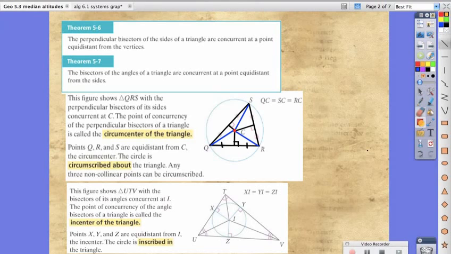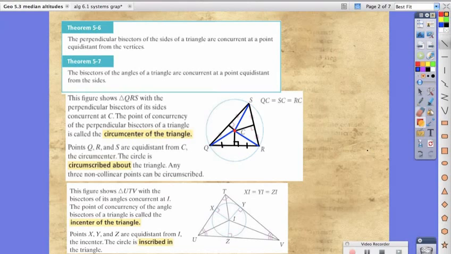And because Q, S, and R are all equidistant from point C, they're all going to serve as the radius, which is why we can draw a circle like they did for us already. Okay, and that will be your circumscribed circle, and that's based off of perpendicular bisectors.